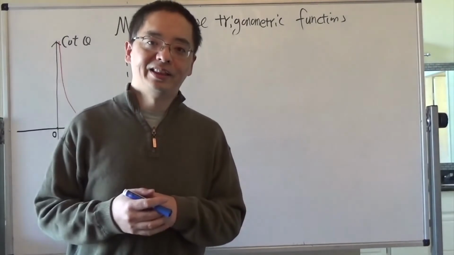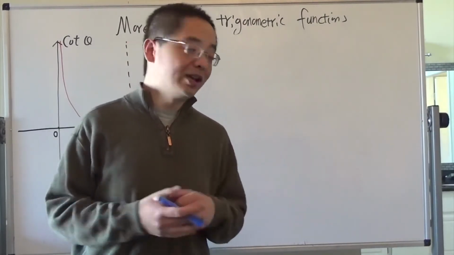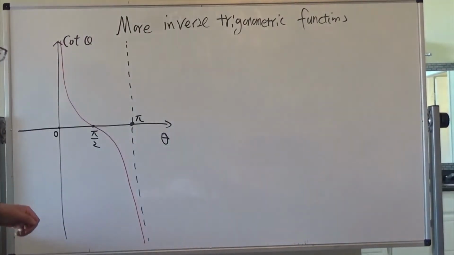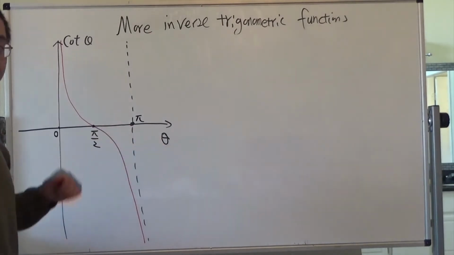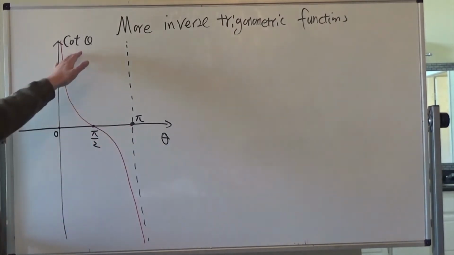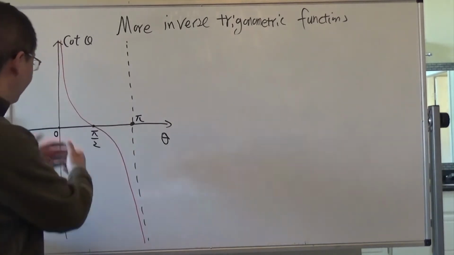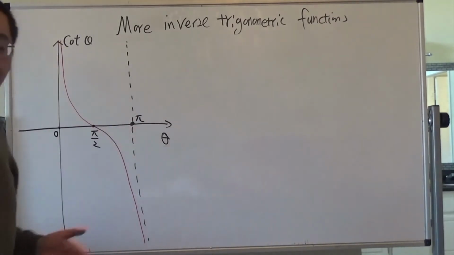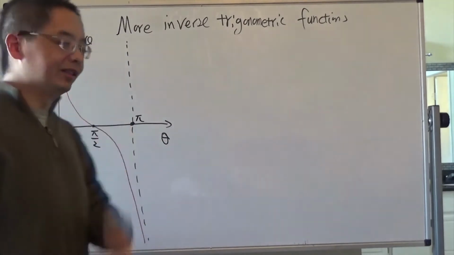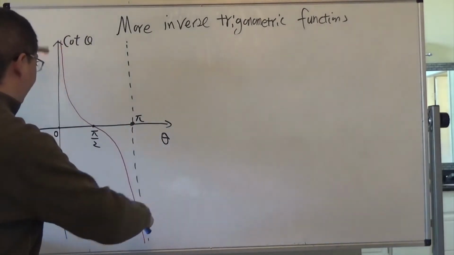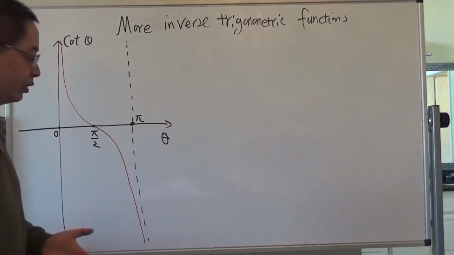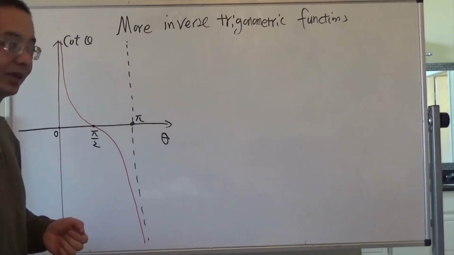Now, let's look at the inverse function for the cotangent function. Here, again, we use theta to represent the input for cotangent. If we restrict the domain of theta to between 0 and pi, cotangent is strictly decreasing, and it also covers the whole range of values of the cotangent function, which is all real numbers.